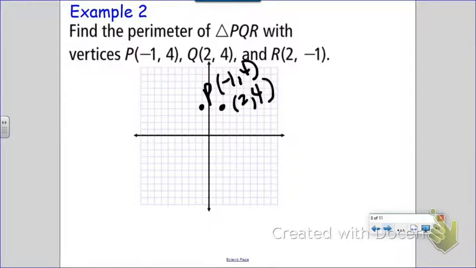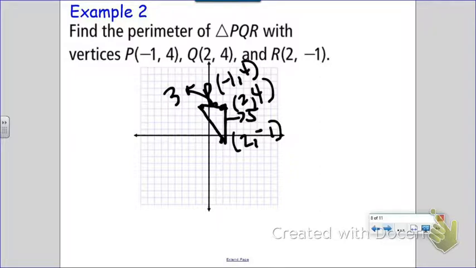And 2, -1 for point R. We have a triangle. Perimeter, this side is length 3 units, just count them out. So this side is 3, this side is a total of 5 units.